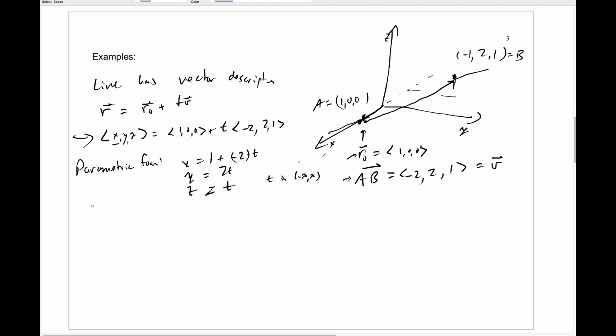What are the symmetric equations? Well, again, just solve for T here. You get X minus 1 over -2 equals, solving for T, Y minus 0 over 2, just Y over 2, equals, well, here Z is already equal to T, just Z. Here are the symmetric equations for that line.